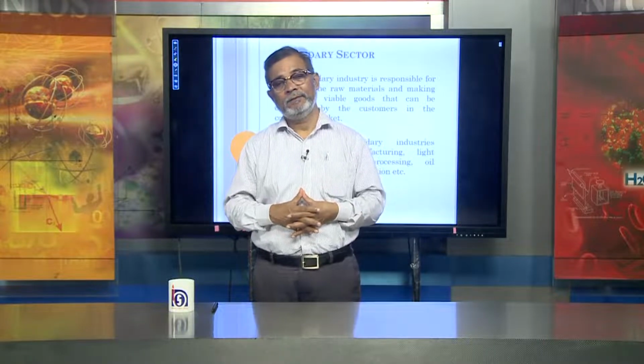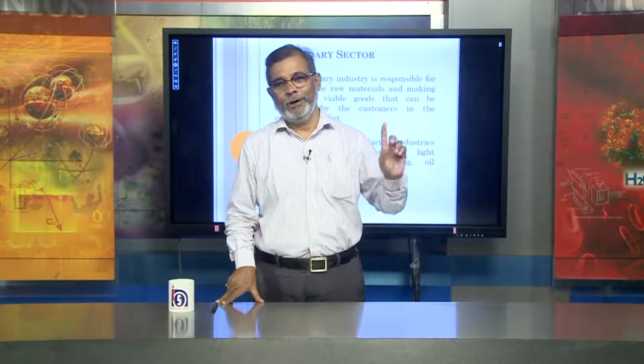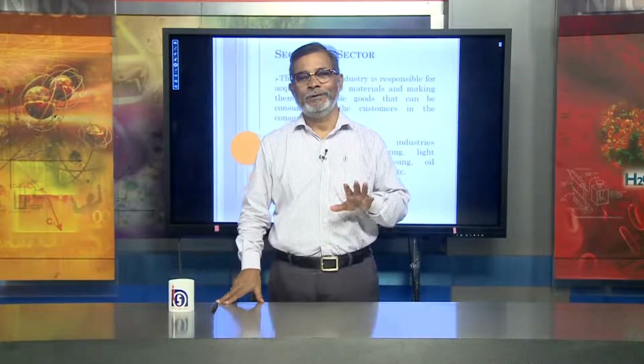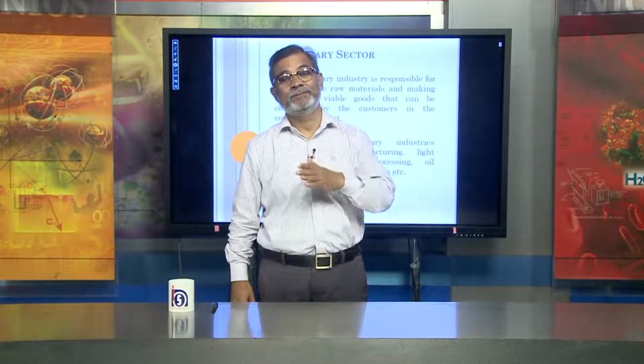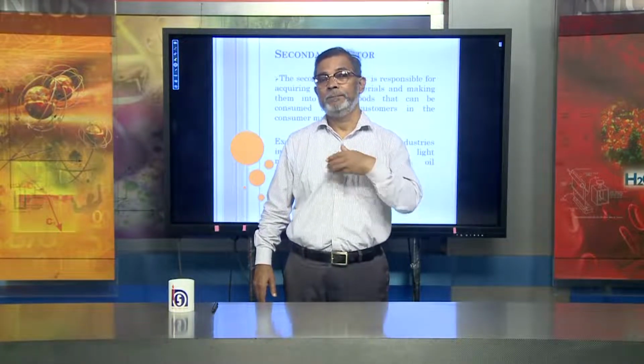And in this sector, the raw materials are obtained from primary sectors, which I told you earlier, the example of tomato and tomato ketchup, potato and chips, which are being sold in the market by different companies, and so many other products which are being processed by the secondary sector.